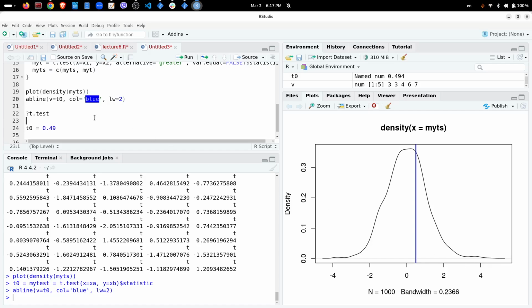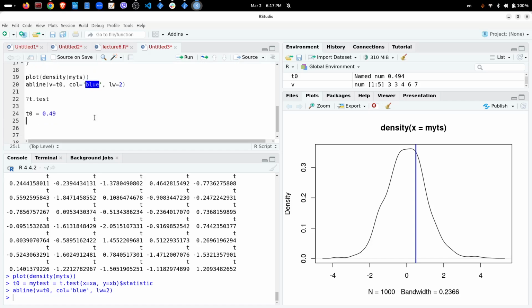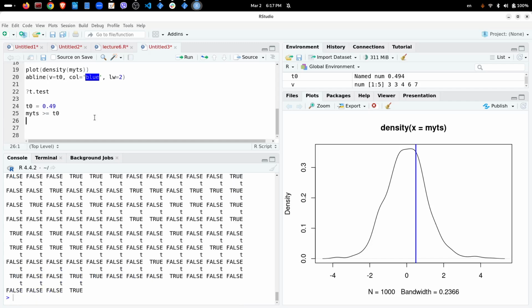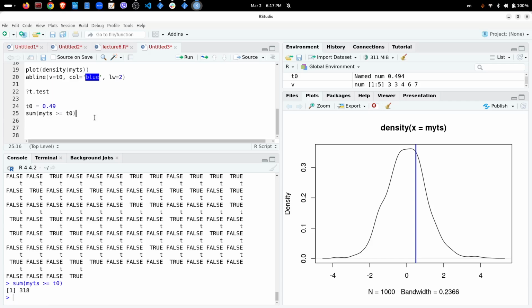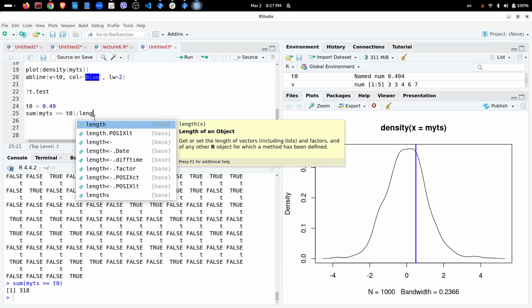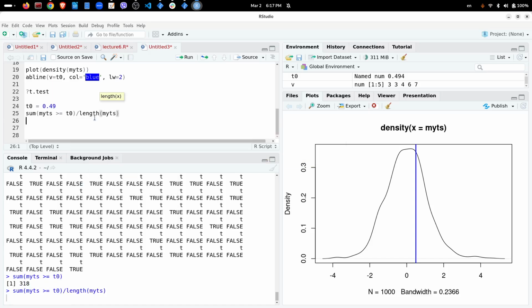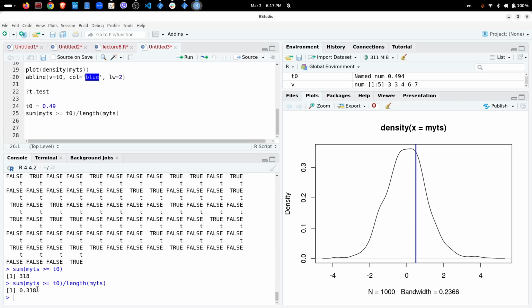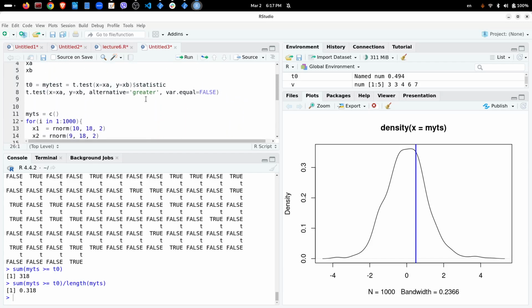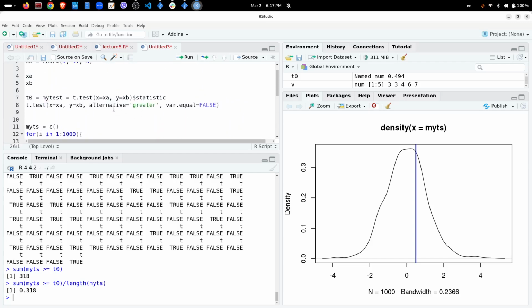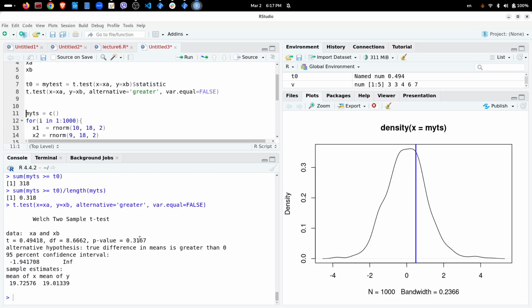Okay, an approximation of this is just to say my t's greater or equal to t0, and I make a sum of this, and divide by the length of my t's, and this is approximately the p-value. And if you remember, the p-value is approximately the same number.